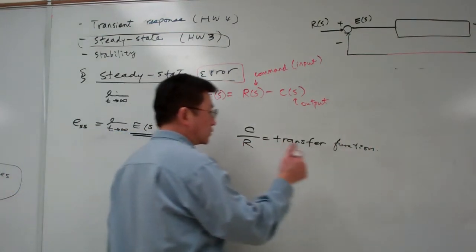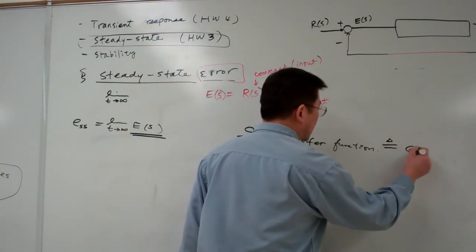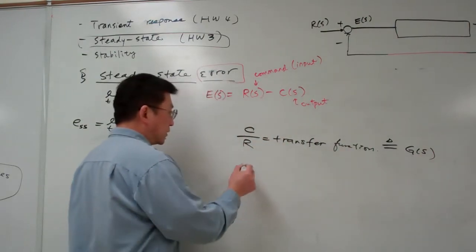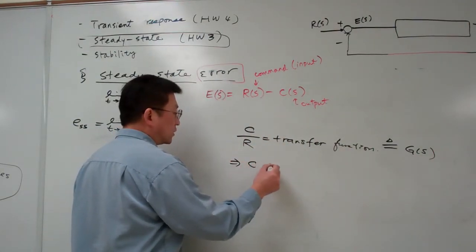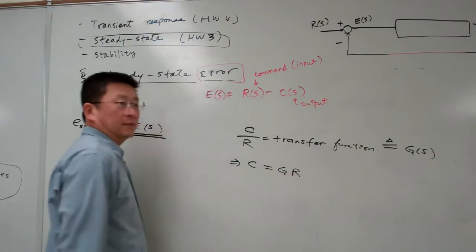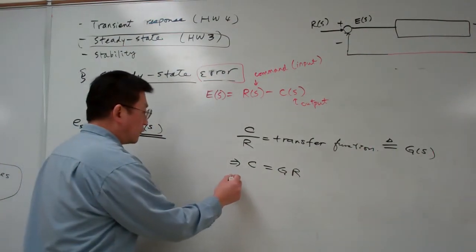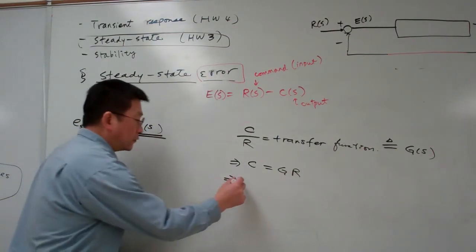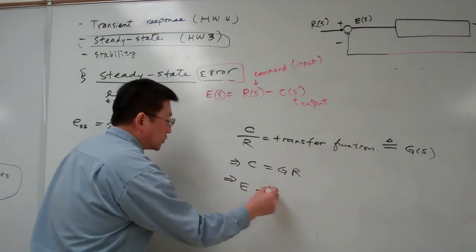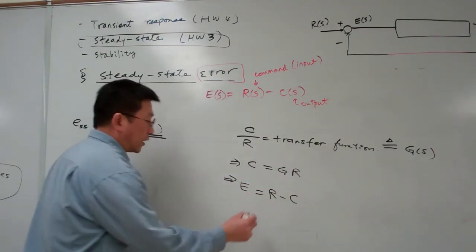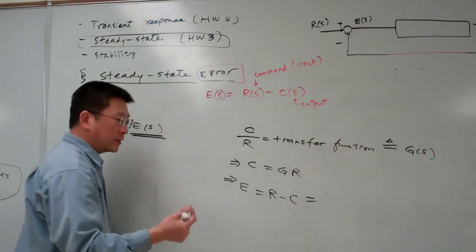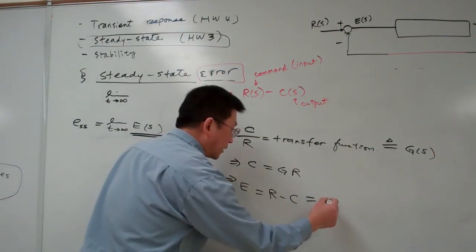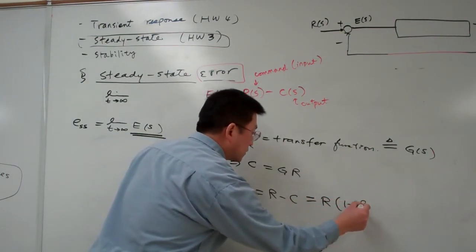Once you have the transfer function, let me define it as G of S. So C equals G times R. Therefore, if we want to calculate the error, and error by definition is R minus C, let me tailor it a little bit: that is R times 1 minus C over R.